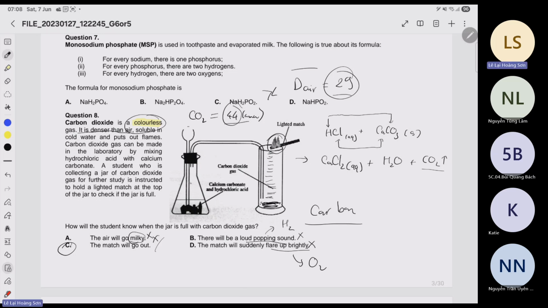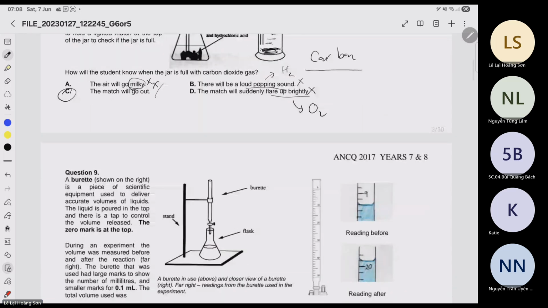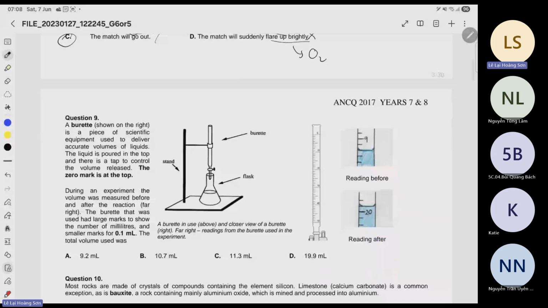Okay, moving on to the next question. Question number 9. We have this system, which is what we call a titration. The way a titration works is that you have some reactant down here, and in the burette you have another reactant. So it's A plus B to give you C and D. These two react together at the end point.